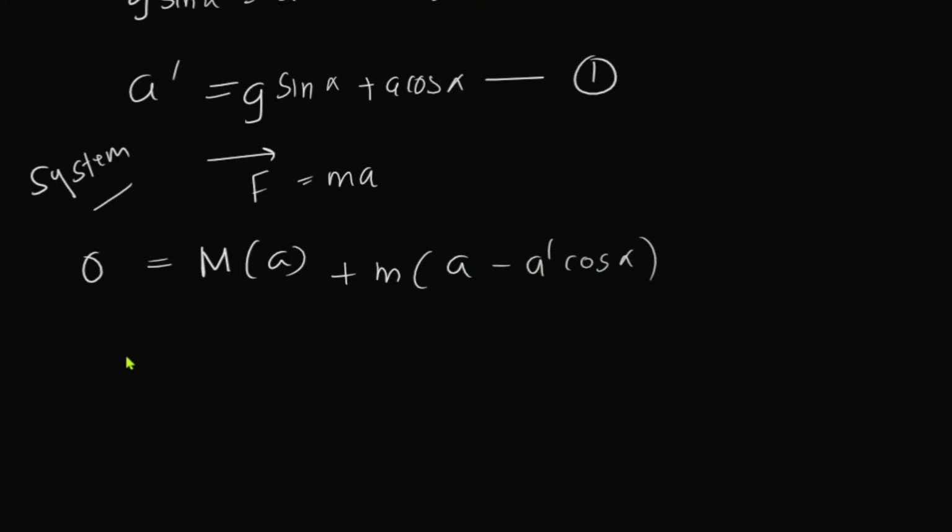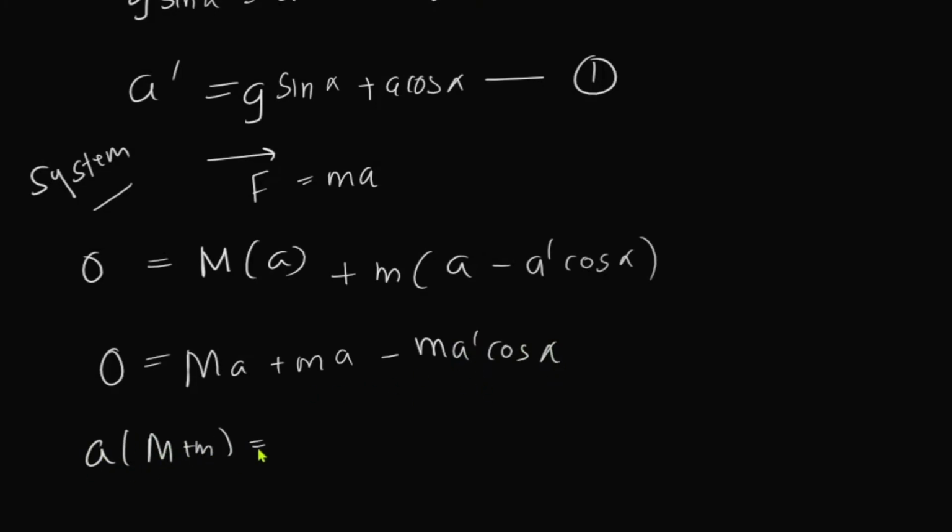So here let us write MA plus simple ma minus ma dash cos alpha, right? Let's take A out, capital M plus simple m. We simplify m cos alpha A dash. Instead of A dash, I'm going to write this g sine alpha plus A cos alpha.